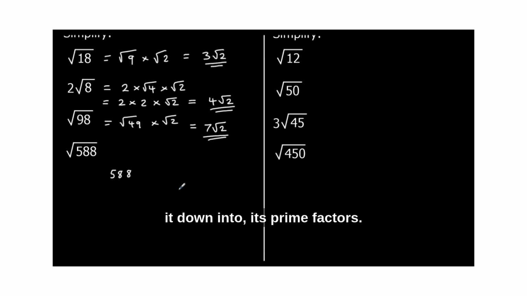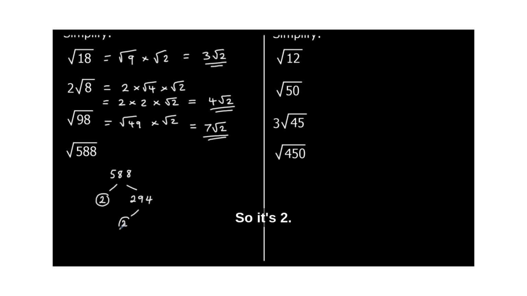So 588 I can say is 2 times, well, half of 588. Half of 500 is 250. Half of 88 is 44. So 250 plus 44 is 294. I can half 294 again. So it's 2.